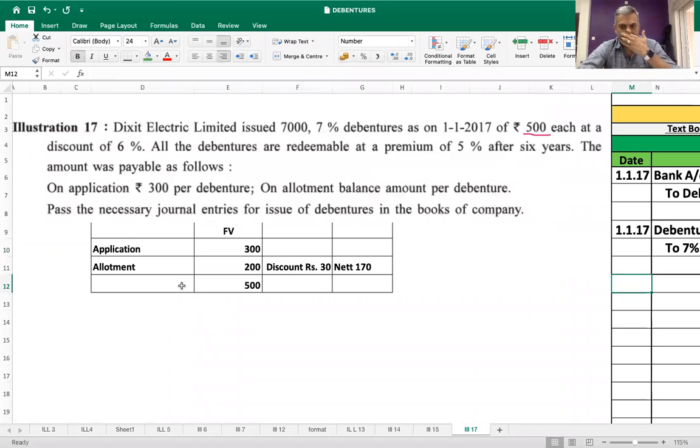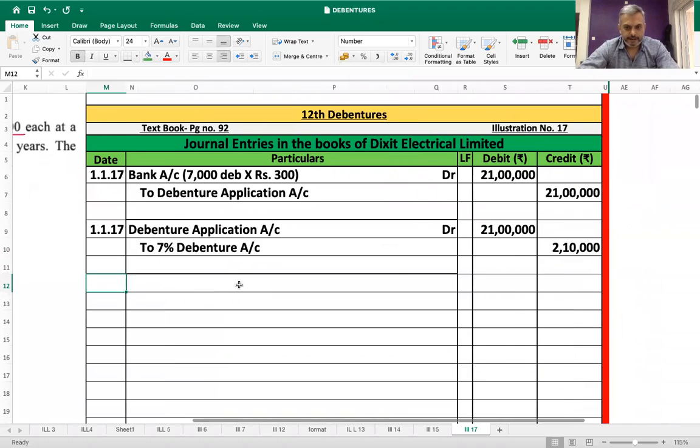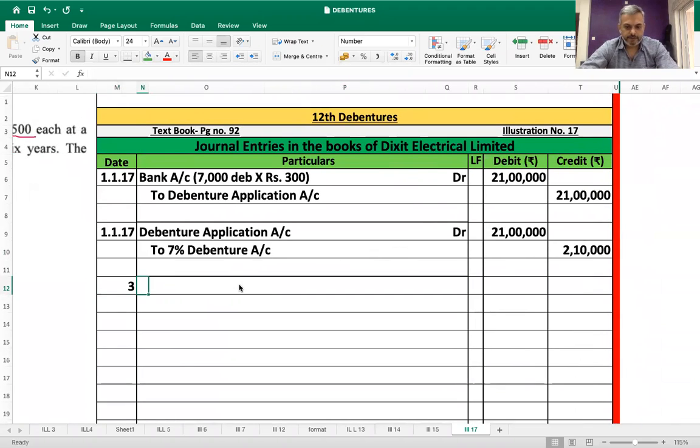Now allotment dates are not given, so we are not writing the dates. We don't know, so we are writing the serial number. That is what is done in the textbook, so we follow the same. So this is entry number one, this is entry number two, and this is entry number three.